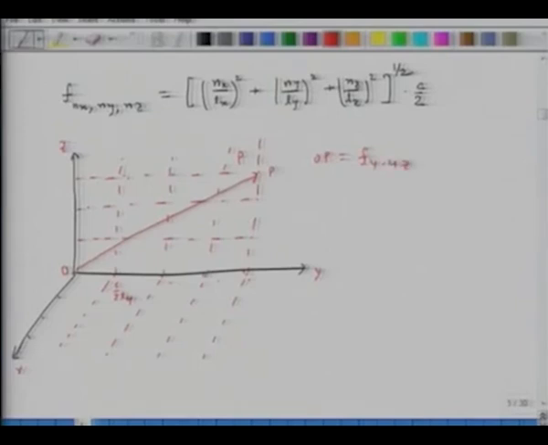I have to draw a better picture to show it in 3-dimensional space. But the point is that it is sitting somewhere which is 4 times C over 2 Lx along the x-axis, 4 times C over 2 Ly along the y-axis, and 3 times C over 2 Lz in the z direction.